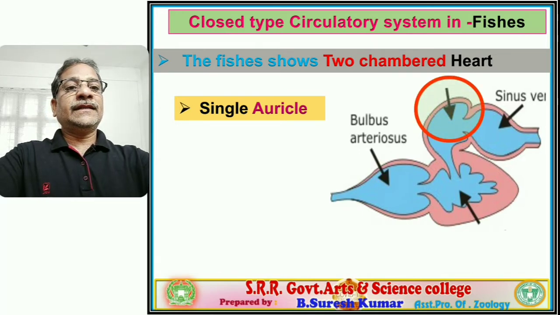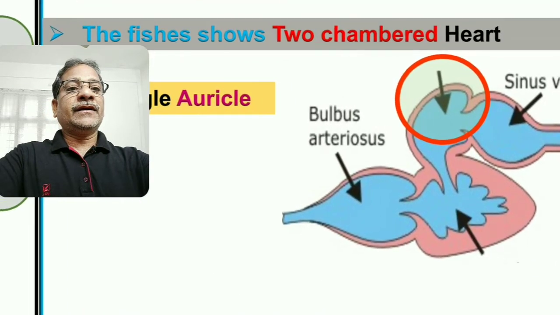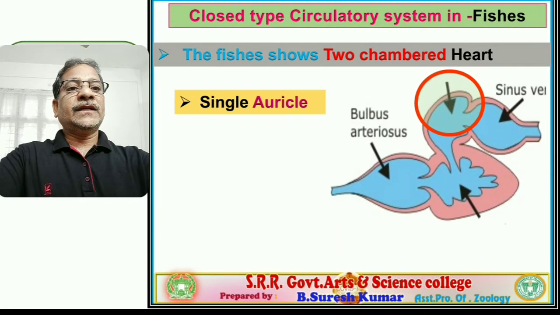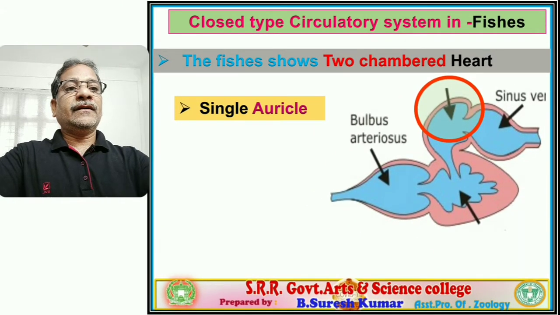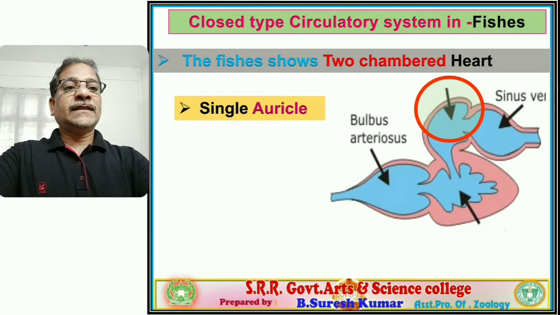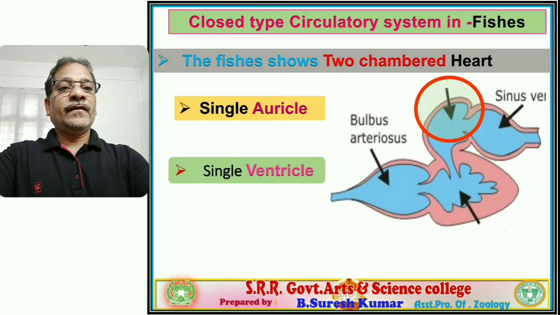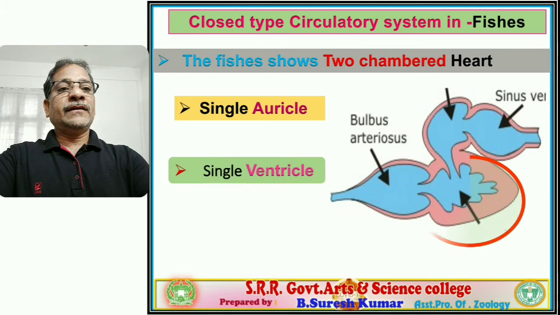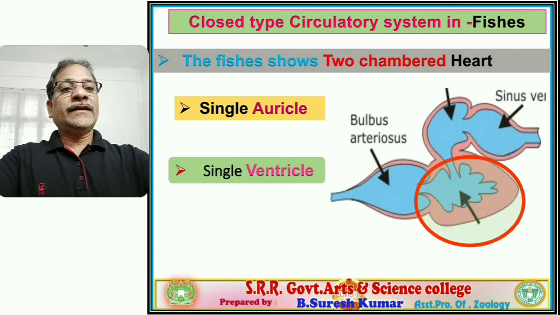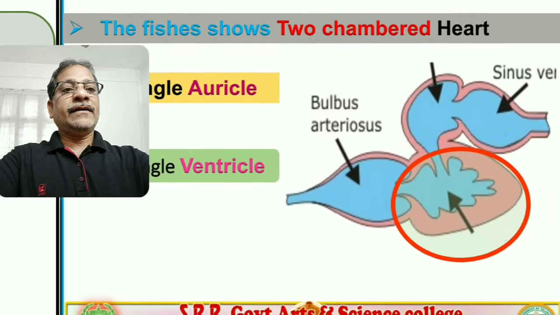This auricle of the heart receives deoxygenated blood from the sinus venosus. The second chamber is the ventricle, a single ventricle, which receives deoxygenated blood from the atrium.